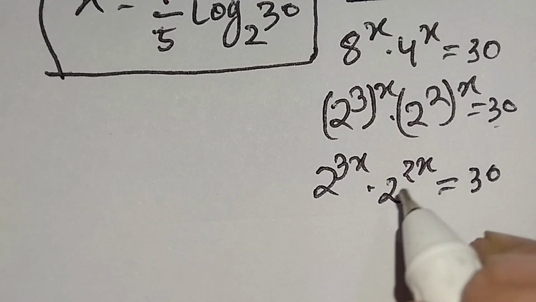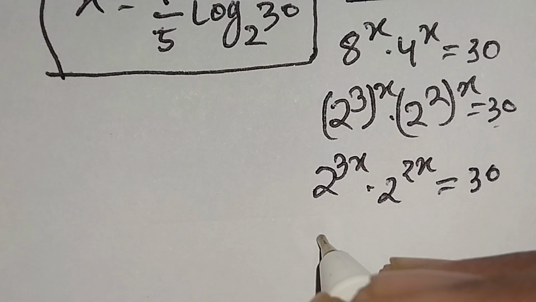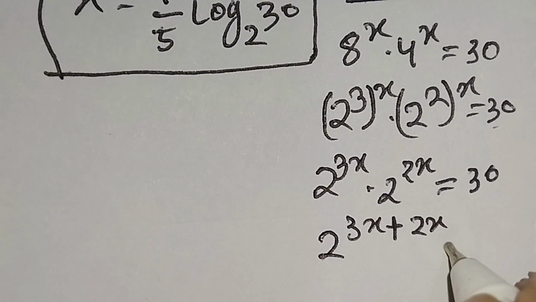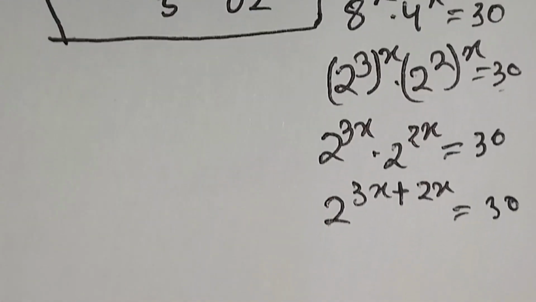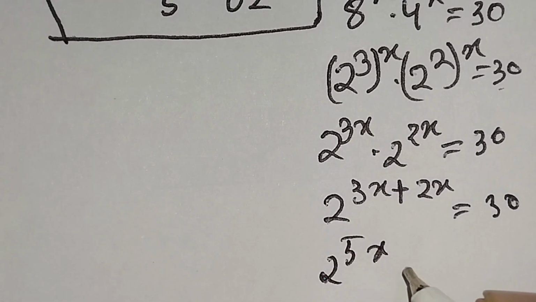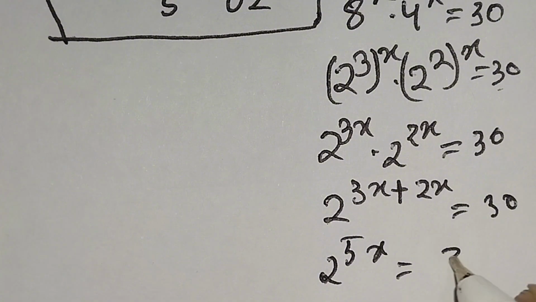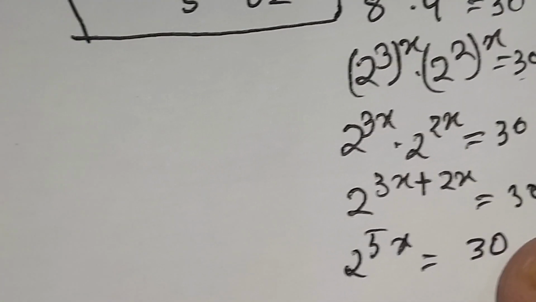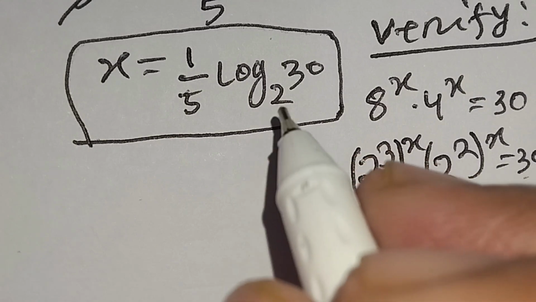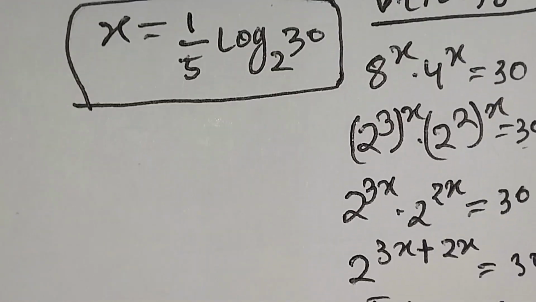Here 2 to the power 3x times 2 to the power 2x is equal to 2 to the power 3x plus 2x is equal to 30. Here 2 to the power 5x is equal to 30. Here x is equal to 1 over 5 log 30 to the base 2.